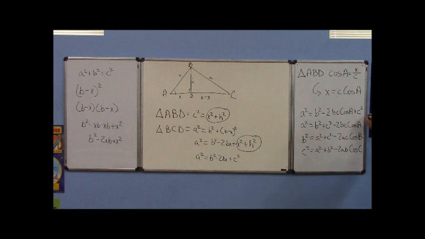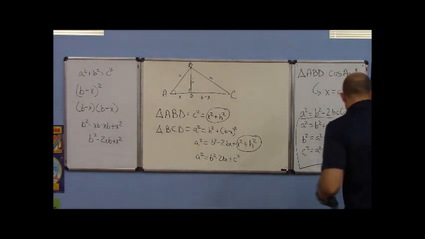All right, so have that down, have access to it, because if you were given 3 sides or 1 angle and 2 sides, then you're going to need to use the law of cosines to figure this out.